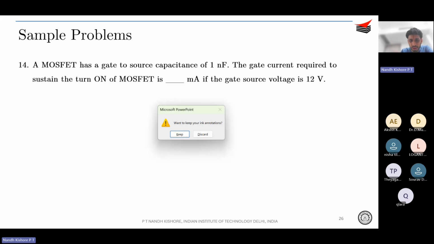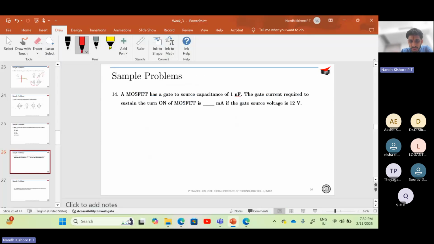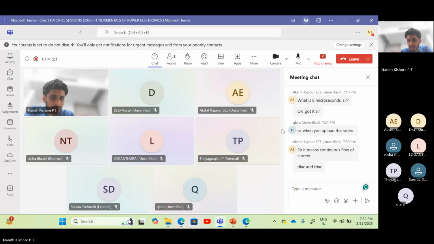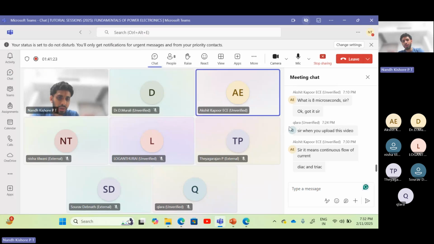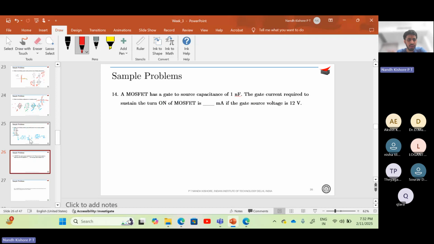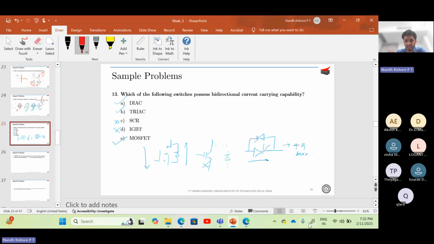But till this point, you guys have any doubts? It means continuous flow of current. Yes, they can. So the point is, can it conduct current in both directions?